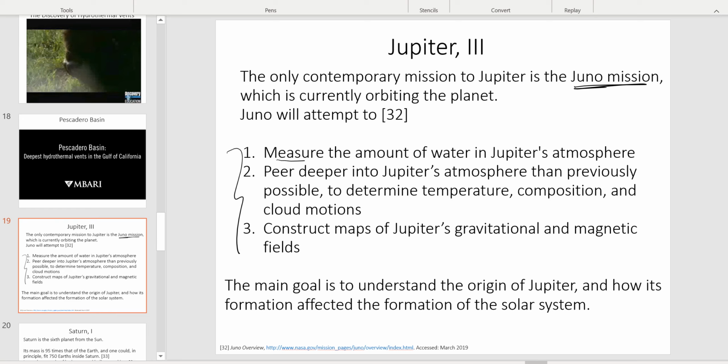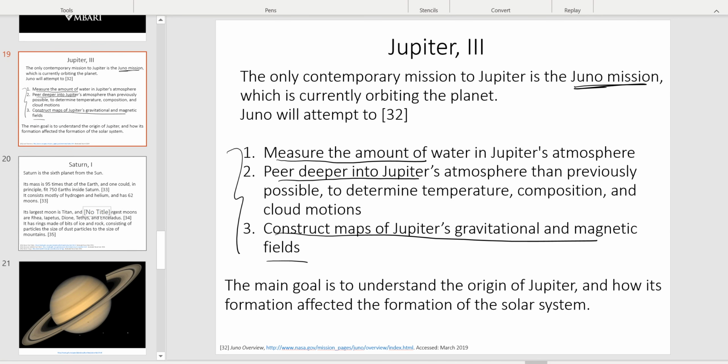It is attempting to measure the amount of water in Jupiter's atmosphere. It is attempting to peer deeper into the atmosphere to determine temperature, composition, and cloud motion. And then this third one I mentioned, it is trying to construct maps of Jupiter's gravitational and magnetic fields. Let's move on now to Saturn.